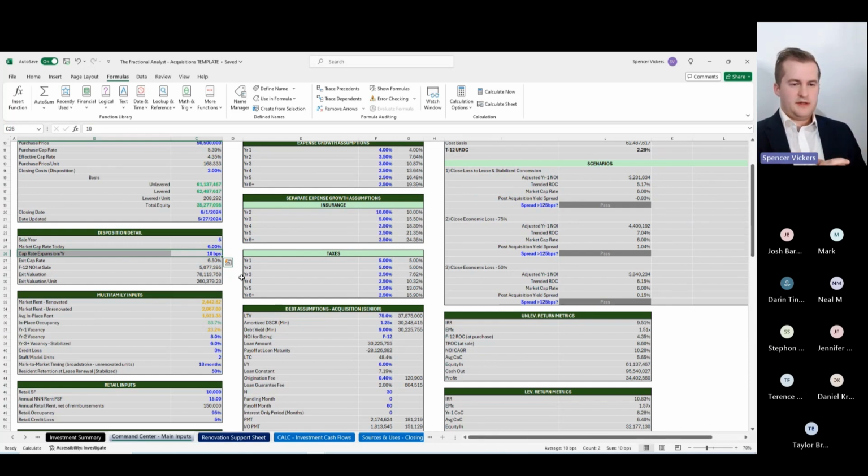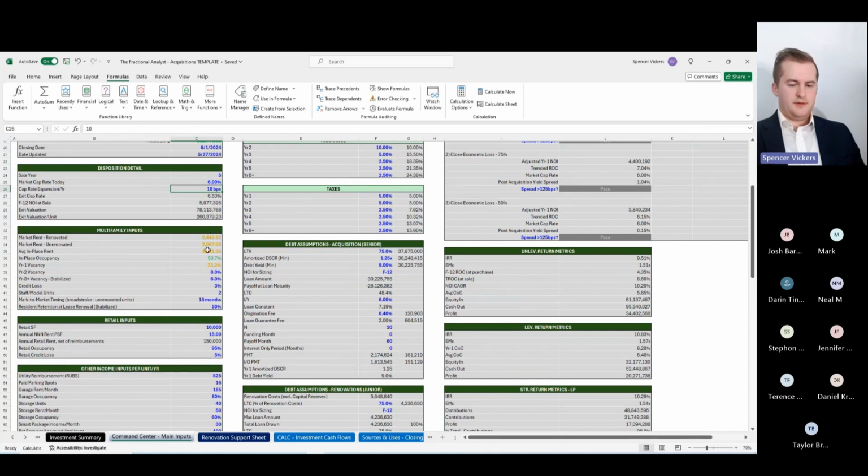In an environment like we're in today, where interest rates are relatively high relative to where they were a couple years ago, some operators might argue that you could actually decrease your cap rate going forward. Some would argue on a historical basis, interest rates aren't actually that high, and they could go higher. And so they would like to see that cap rate still expanding. So that gives a place for you to plug in your thoughts about the current state of the world and where you think the state of the world will be by the time you exit.